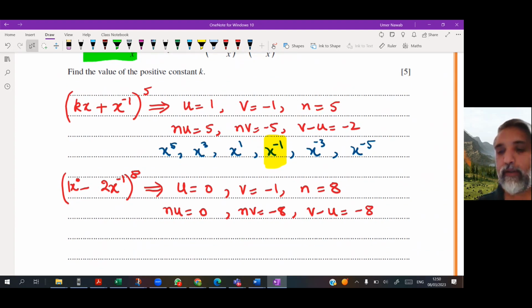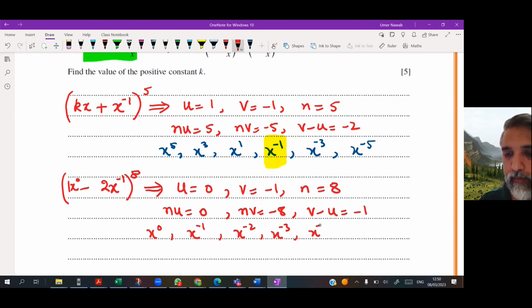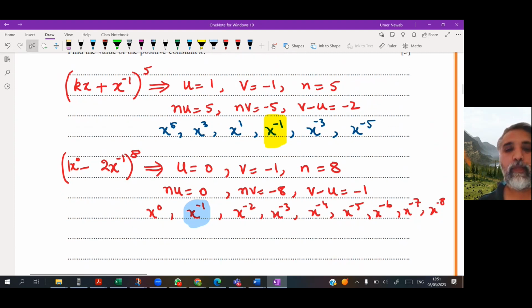Each time the power is decreased by 1, since v was -1. Starting from x power 0, x power -1, -2, -3, -4, -5, -6, -7, -8. Here, x power -1 is this one.